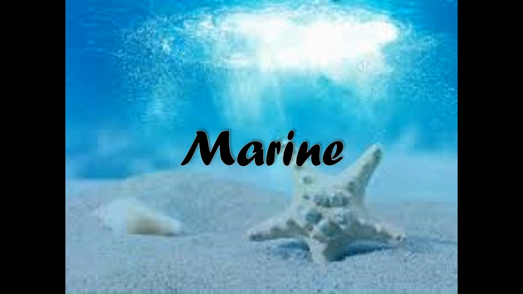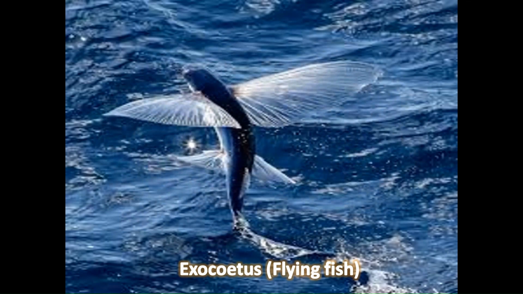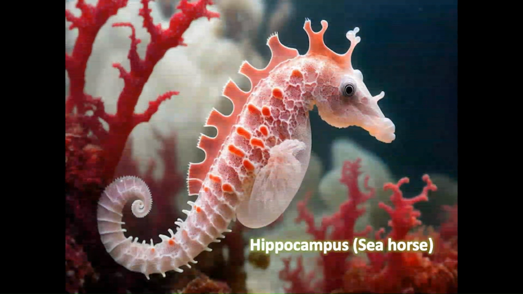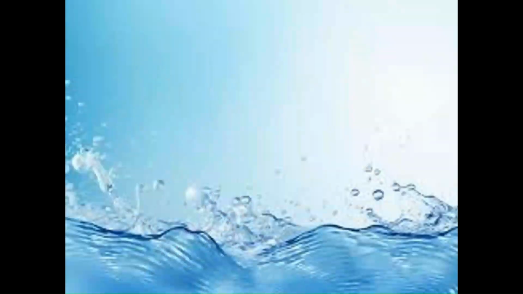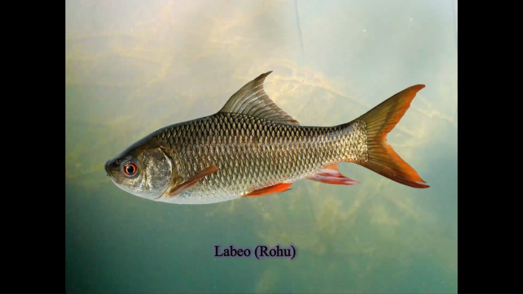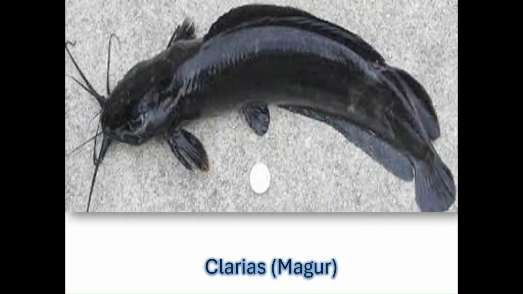Some marine fish examples: Exocoetus or flying fish, Hippocampus or seahorse. Some freshwater fish: Labeo, Katla, Clarias or magur fish.